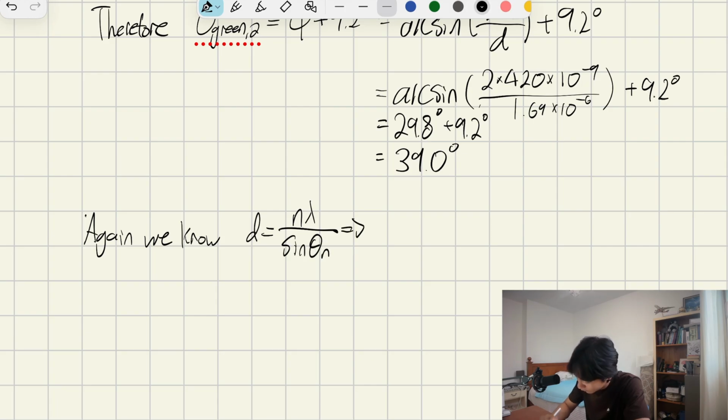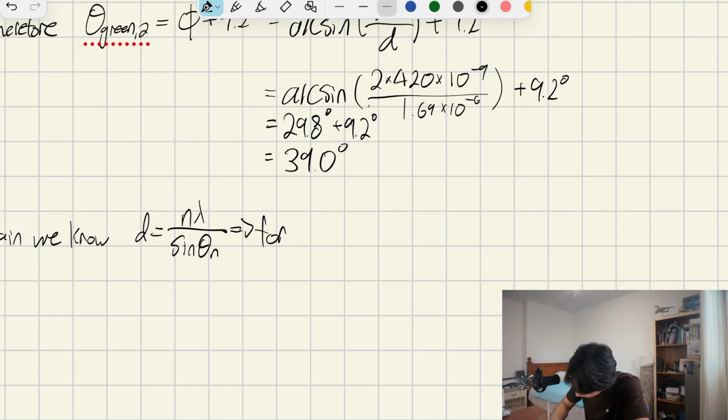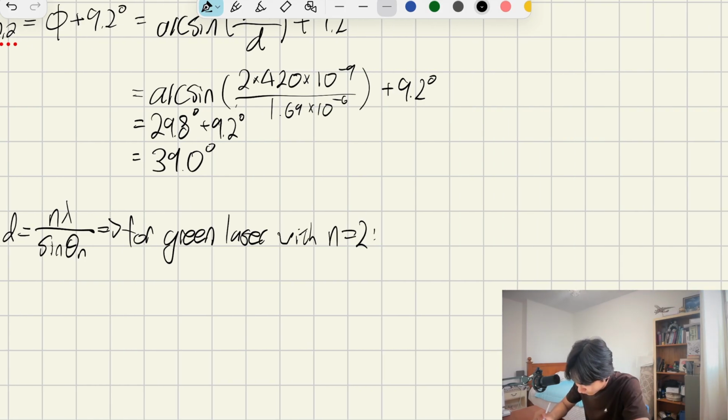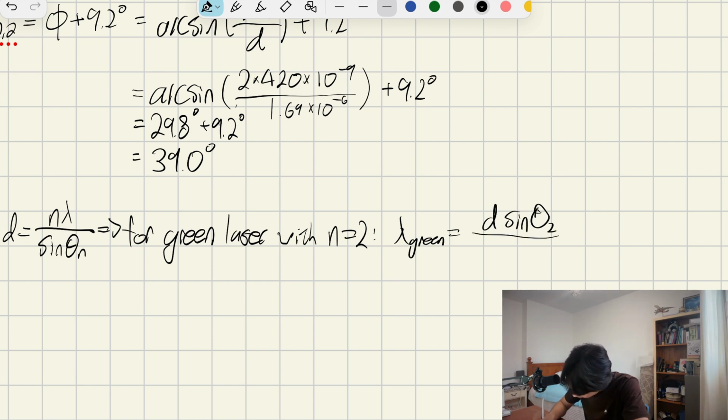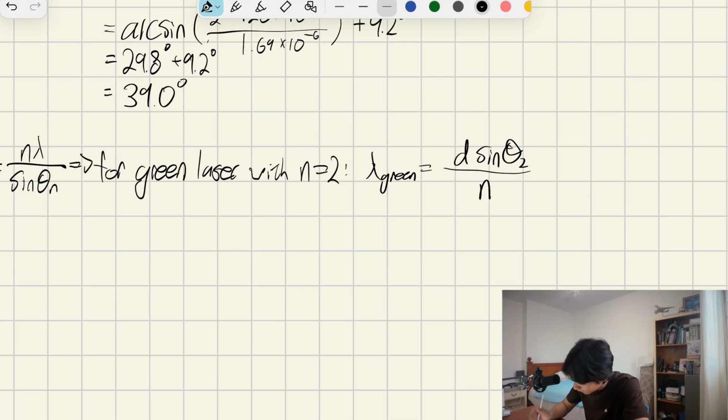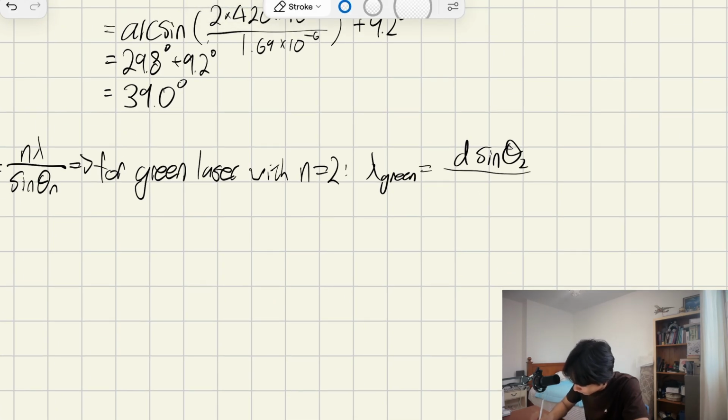So for the green laser with n equal to 2, we can say that lambda green is going to be d sine theta 2 over n, right? So we know that n is equal to 2. We'll just replace that with 2.